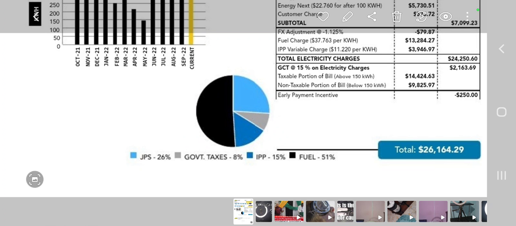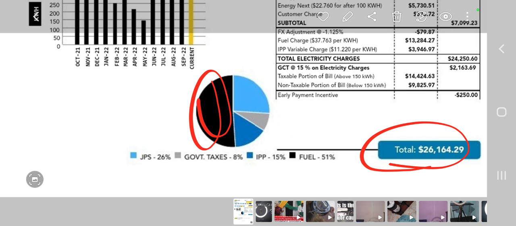Let's just quickly run through this pie chart that we have here, and that just gives us a breakdown of what portion of this total that we have right here, what it goes to. So this big black part right there, that is actually fuel, which is a whopping 51%.